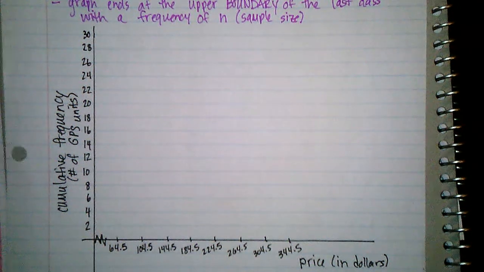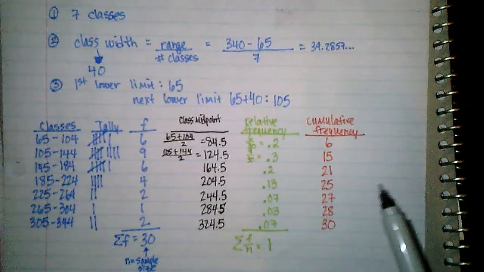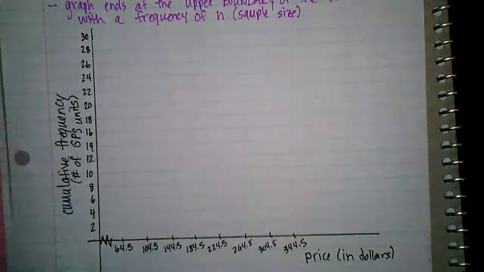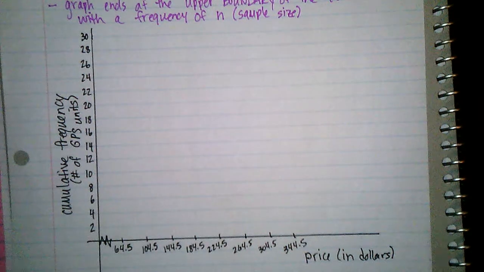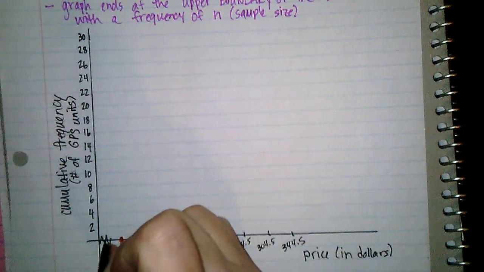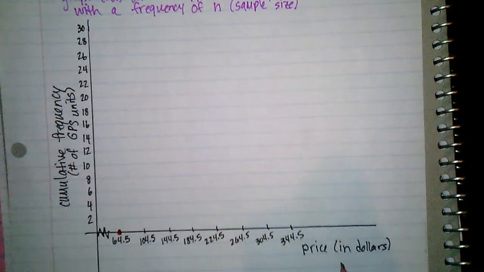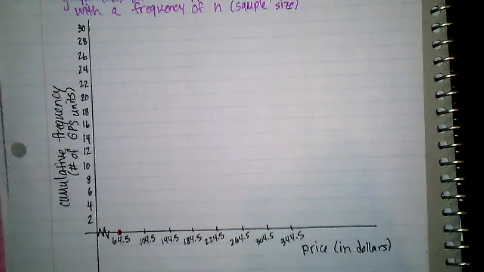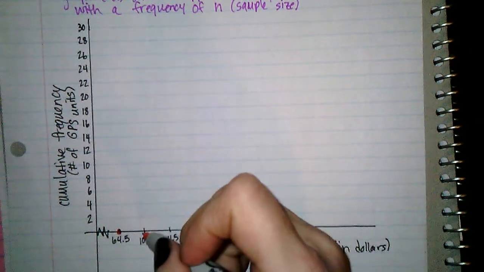Okay. So we had a column for cumulative frequency on our data table. And find that. Cumulative frequency. So of course, at 64.5, the cumulative frequency is going to be 0 because there are no GPS units that were priced below 64.5 or $64.50.